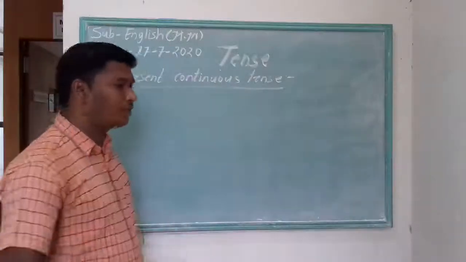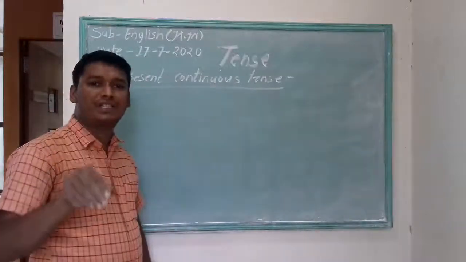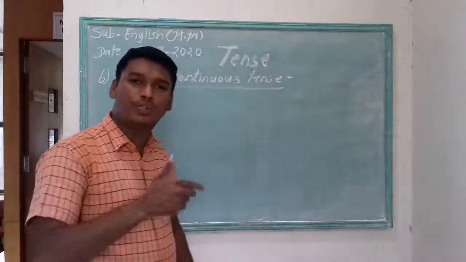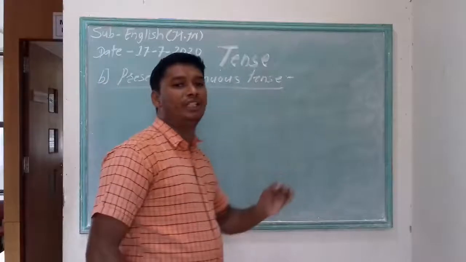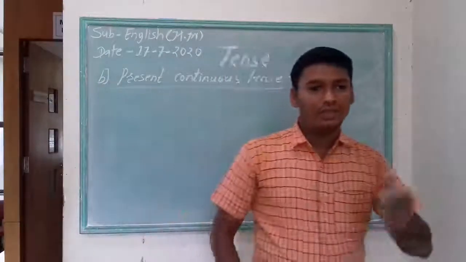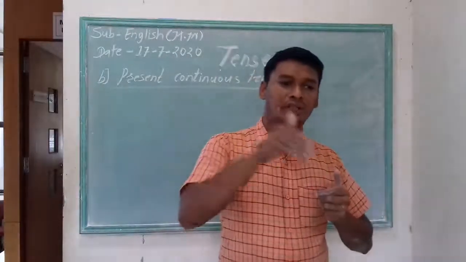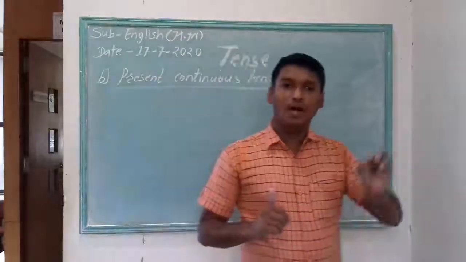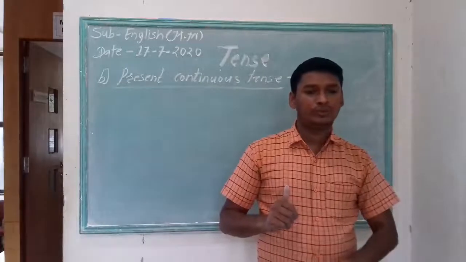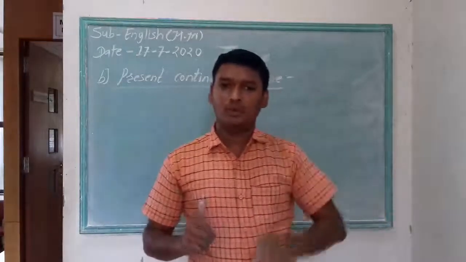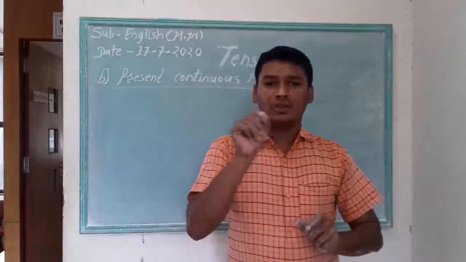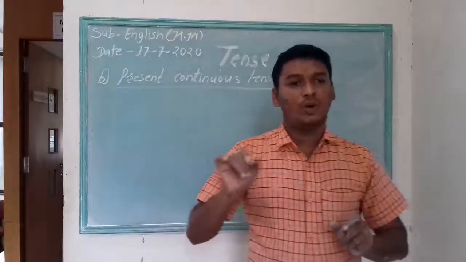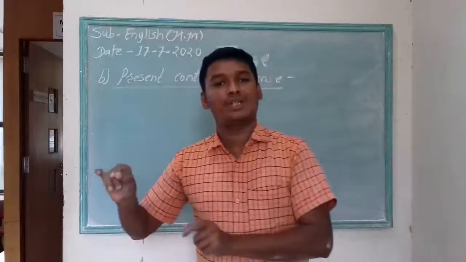Look what I want to say. This tense is used to express such action which is going on at the time of speaking in the present. I am teaching; this action is going on at the time of speaking. You are learning now, you are taking notes now. The action of writing, the action of teaching is going on in this present situation.